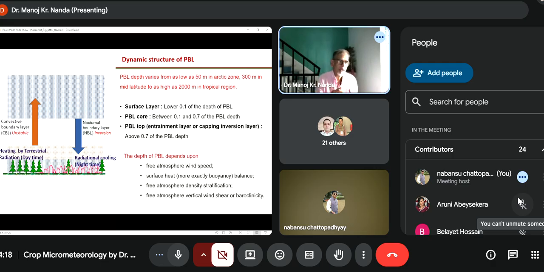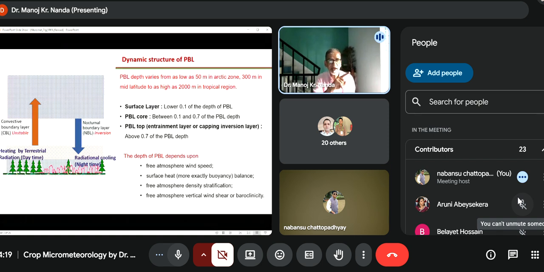So that Coriolis force changes the wind direction, and as it is going to the upper part of the PBL, towards the end of the PBL at the free flow layer, the direction is changed by 90 degrees. It means there you are getting geostrophic wind.